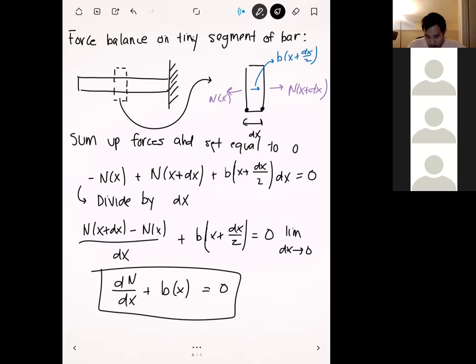Okay. So we have a differential equation, which is great, but right now it's not really in a useful form. Right now we have n here, which is our primary variable, but we don't really want to solve for n most of the time, because most of the time when we solve these equations, we're interested in solving for displacement. So we're going to make substitutions for n in order to get us that.